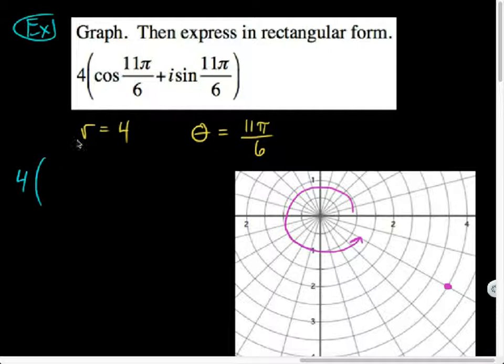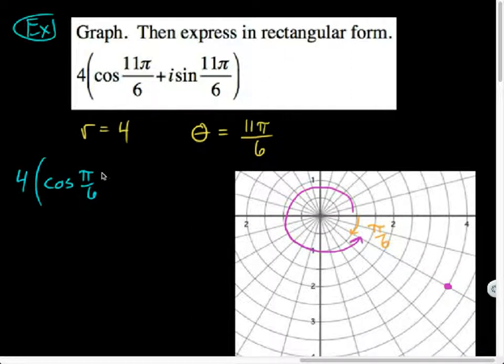4 times cosine 11 pi over 6. What is the reference angle of 11 pi over 6? This would be 1 pi over 6, which I guess you can make a kind of big pi out of that. So pi over 6 is the reference angle. And is cosine positive or negative in that quadrant? Positive, so that's the cosine of pi over 6.